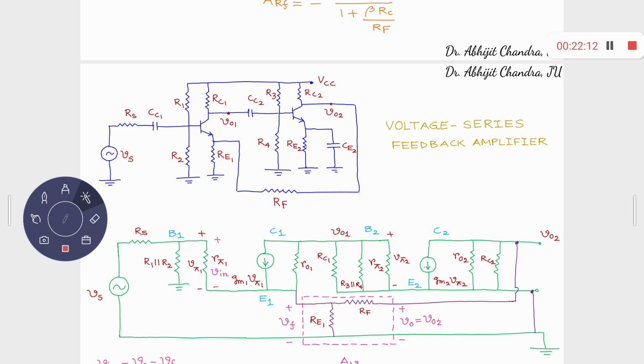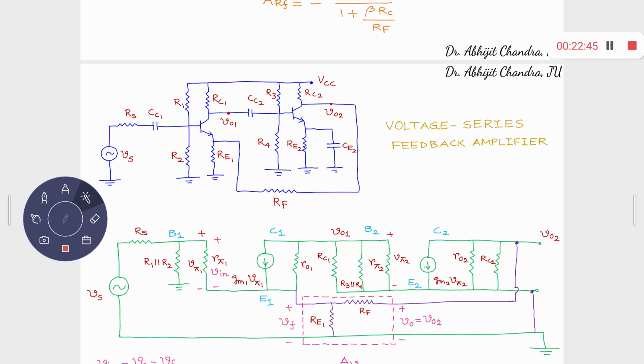some potential. Suppose some potential is there, for example. What else? You have another resistance here, RC1, between collector 1 and AC ground. So this RC1 is connected between collector 1 and AC ground. What about collector 1 and base 2, C1 and B2?